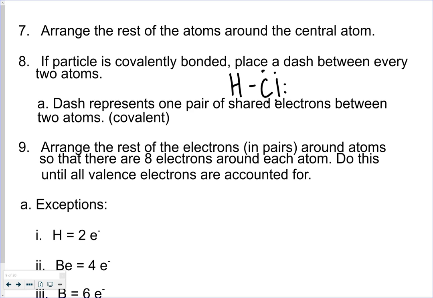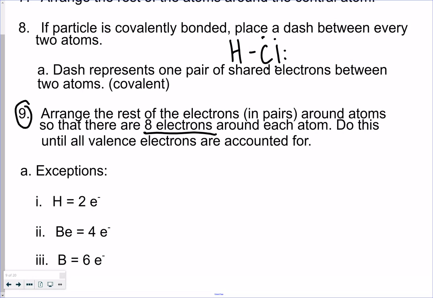They would also then have some dashes in the worksheet further down. The big reminder is that it's 8 electrons for everybody, except for our exceptions. Keep in mind, beryllium is the big exception because it is a metal that bonds like a nonmetal. It is a metal that bonds covalently.